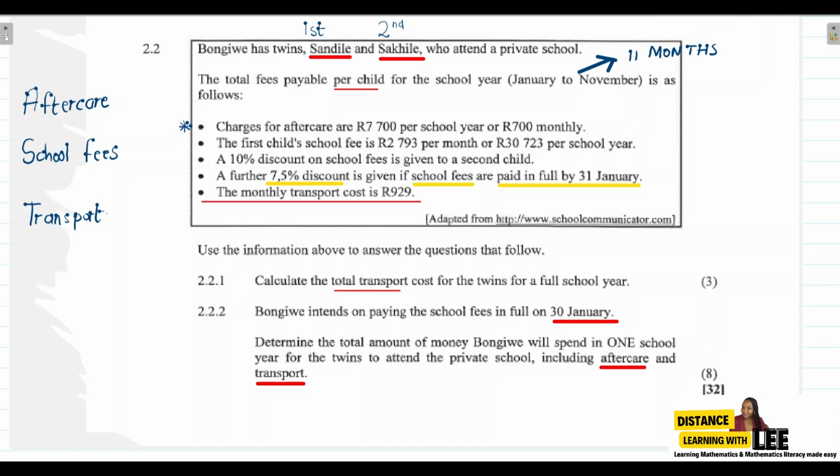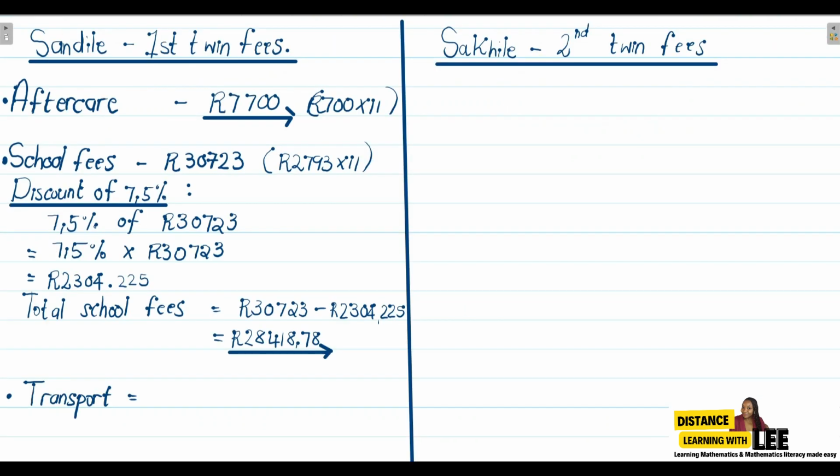So we're just going to take that 929 and multiply that by 11 to get the transport costs for the first twin. If you punch that into your calculator, you'll find that the transport for the first twin is 10,219 rand.